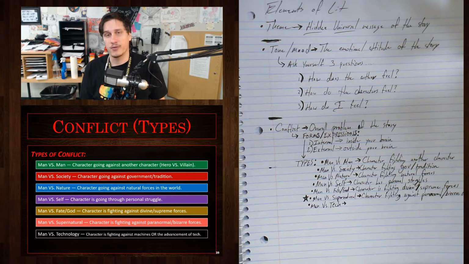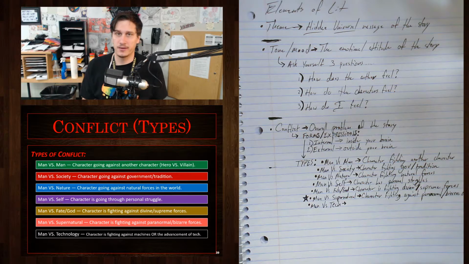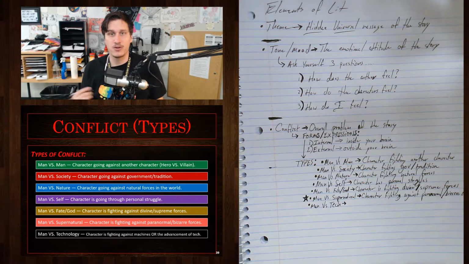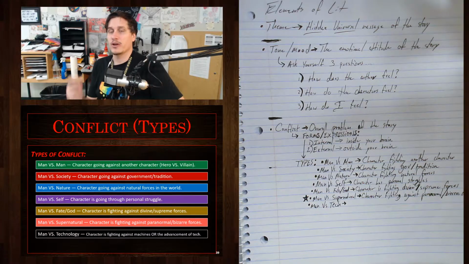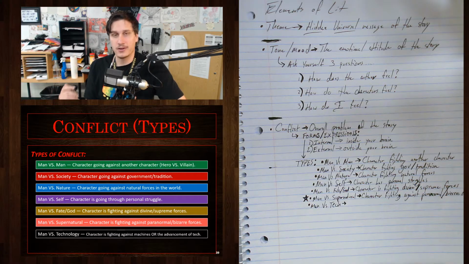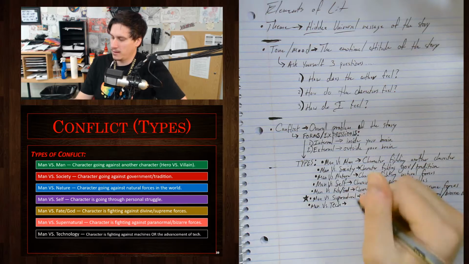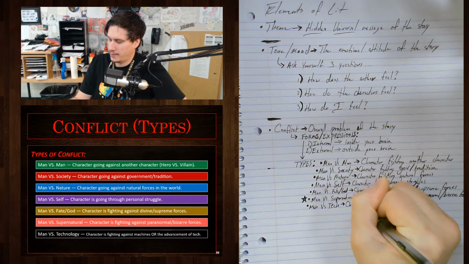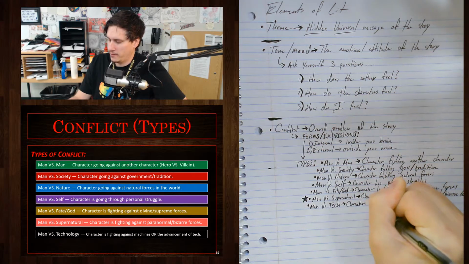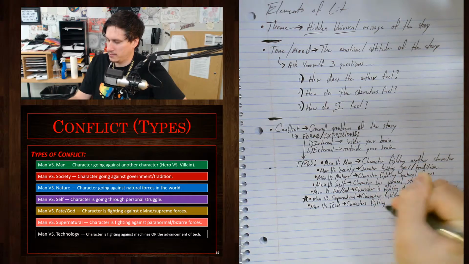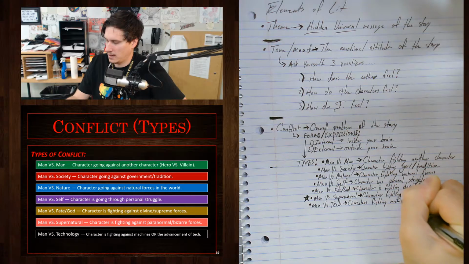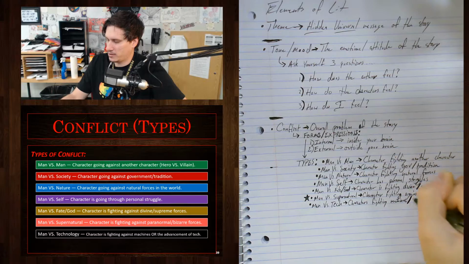That could be iRobot, where you have Will Smith and a robot trying to find another robot. That could be Blade Runner, Terminator, or Transformers. You have a character literally fighting a machine somehow. So, characters fighting machines. That's the first definition.